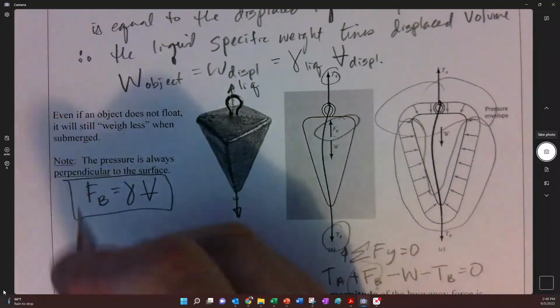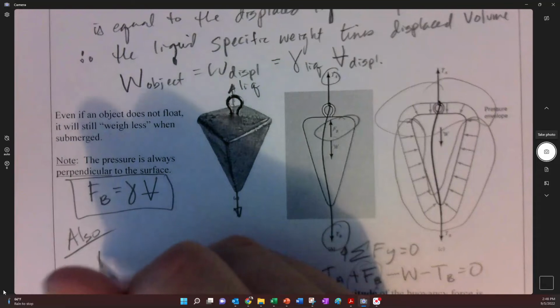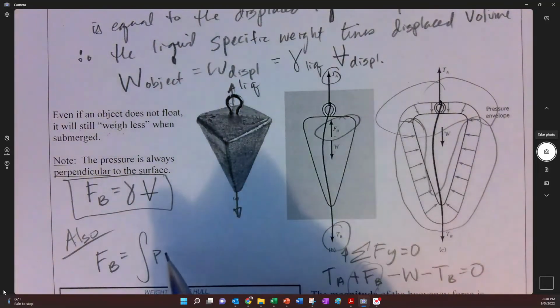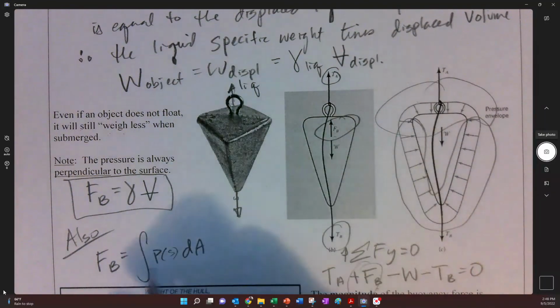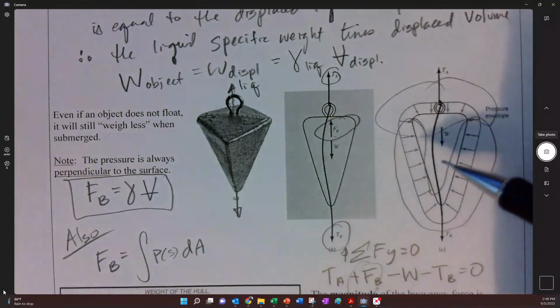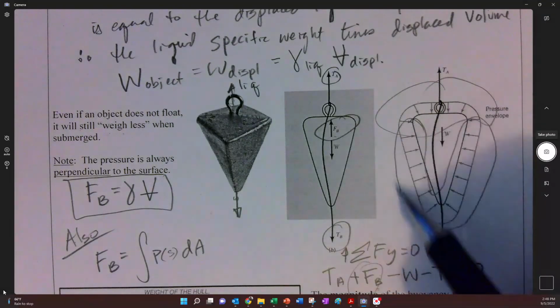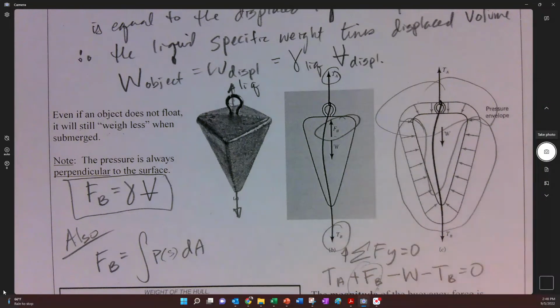It's an important thing. So we could also say, as a more complicated one, that we could take the buoyancy force, and if we could integrate the pressure that's acting onto the surface times the incremental little areas right here, we would also get the same buoyancy force. So it's really the cause of this is that pressure distribution acting onto the thing.